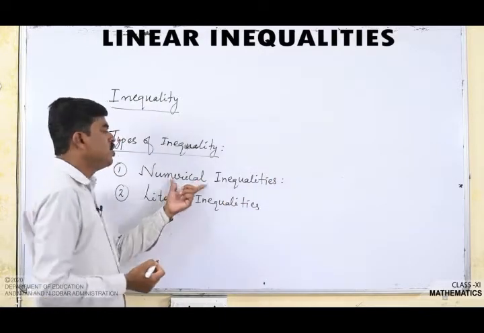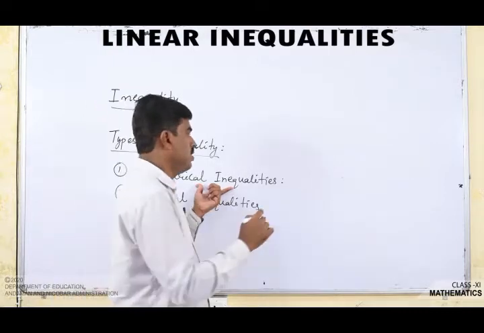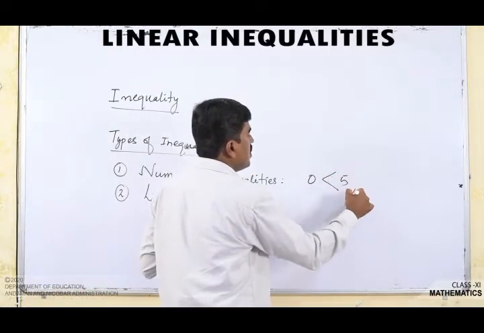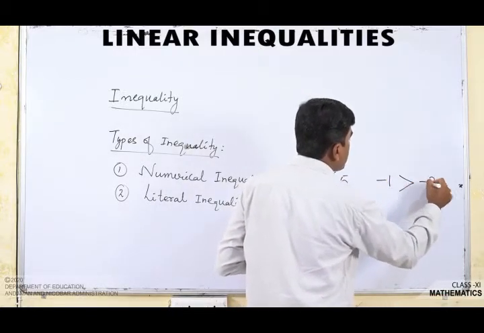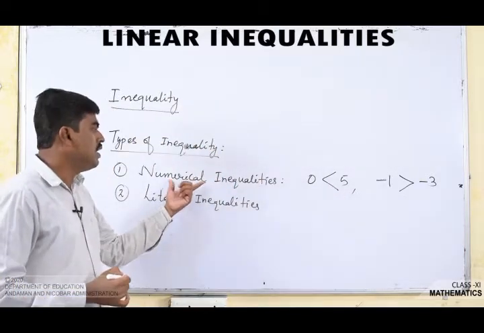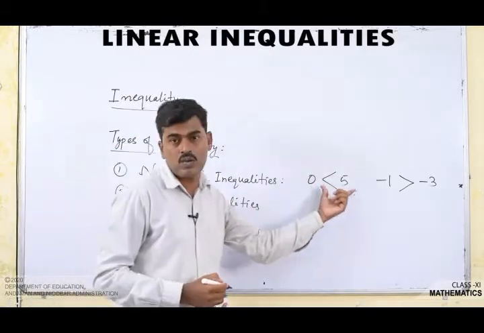So what is meant by numerical inequality? Inequalities involving numbers only, that is, if I am writing 0 is less than 5, minus 1 is greater than minus 3. Okay. So all these are examples of numerical inequalities, inequalities involving numbers only.